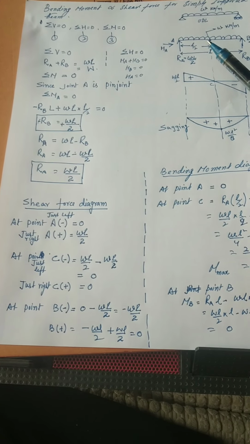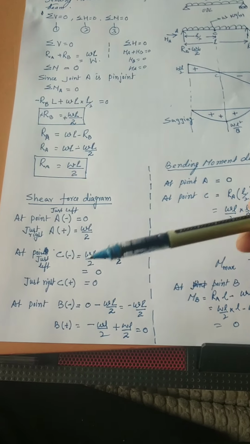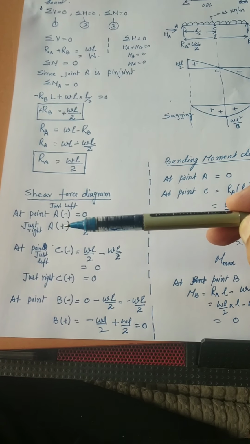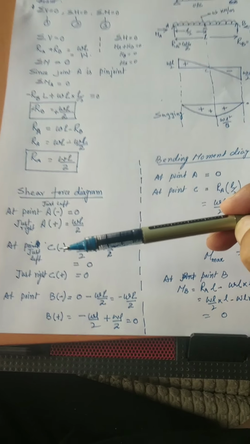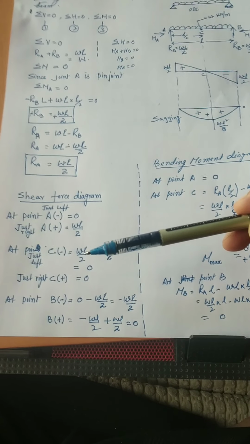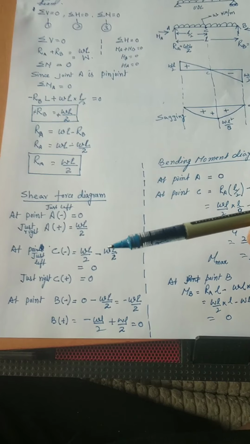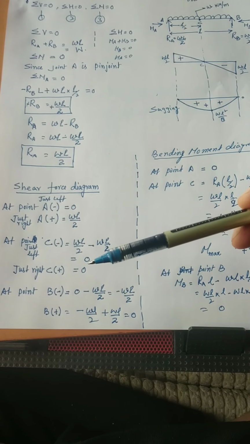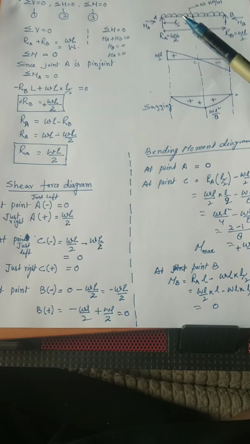Fine. So at a point just left side of C, I have the shear force. I will solve the shear force at A, just right of it is WL by 2. Now I will go to the point C. Fine. At C, just left I have WL by 2, minus WL by 2, that is 0. That is this RA minus W over a distance of L by 2.